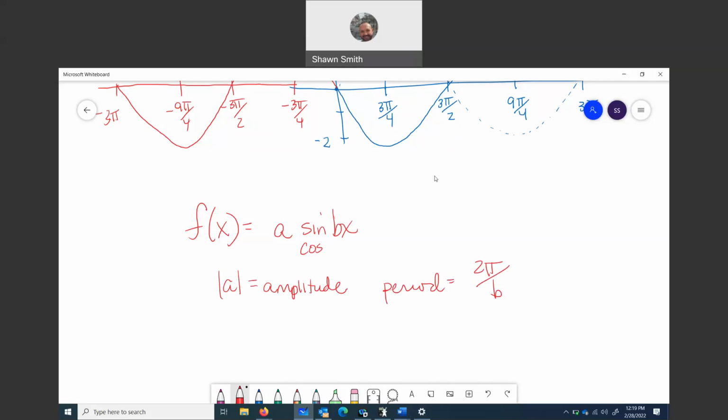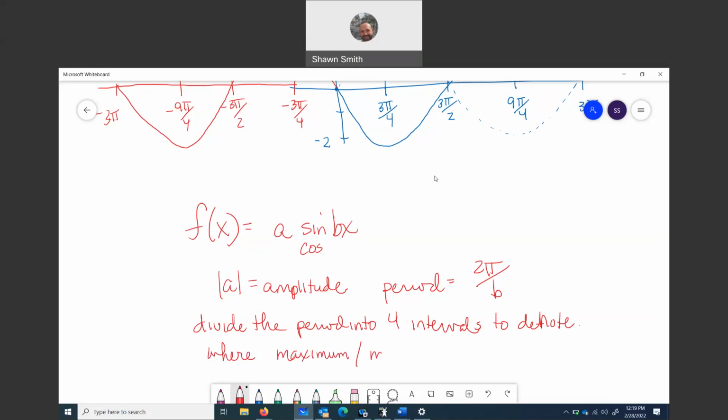Split up the period into 4 intervals to denote where maximum and minimum and intercepts occur.